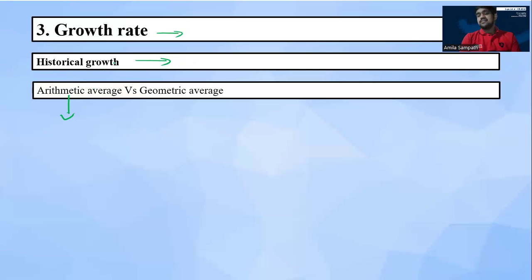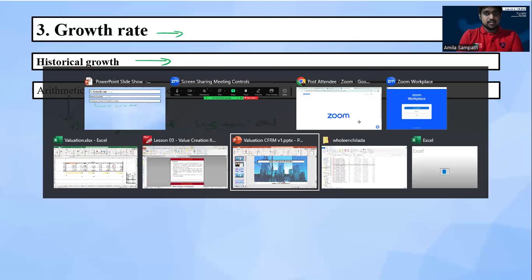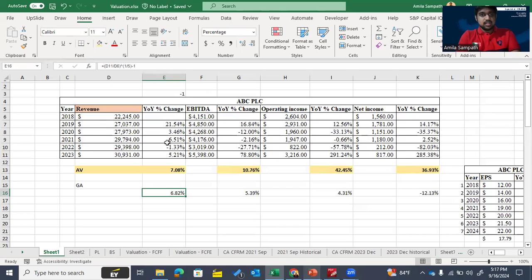From the arithmetic average, we simply calculate the growth rate of revenue, EBITDA, net income, whatever, based on the average of historical data. Let's discuss it using a hypothetical scenario.